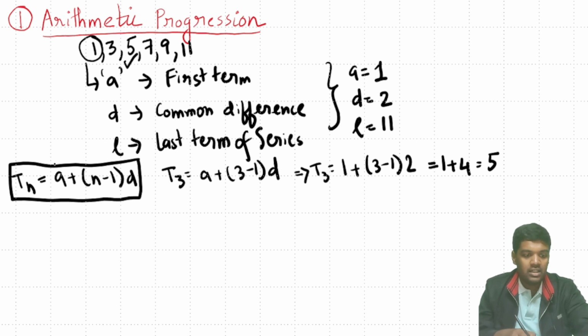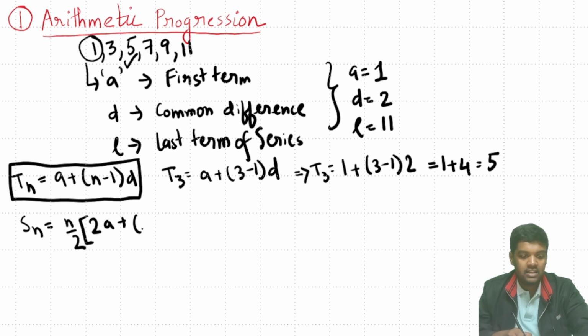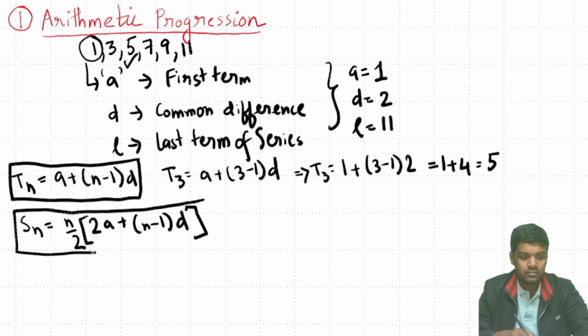Super clear. Now we have a summation formula. Summation means the sum of the terms of an arithmetic progression. We denote it as Sn. Sn equals n by 2 into 2a plus n minus 1 into d. Say we want to find the sum of all the 6 terms of this AP.